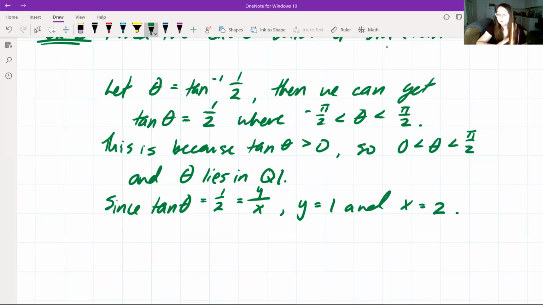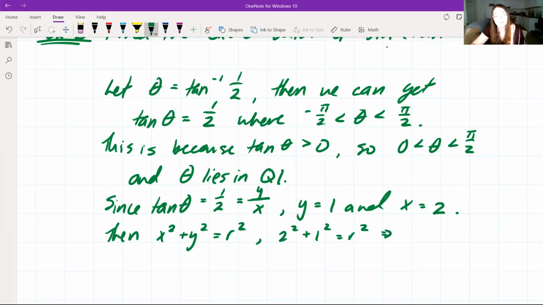So using that y is equal to 1 and x is equal to 2, we can go ahead and find the radius of this circle. We know that the equation of the circle is x squared plus y squared is equal to r squared. We know that x is 2, so we get 2 squared plus 1 squared is equal to r squared. 2 squared is 4 plus 1 squared is 1.